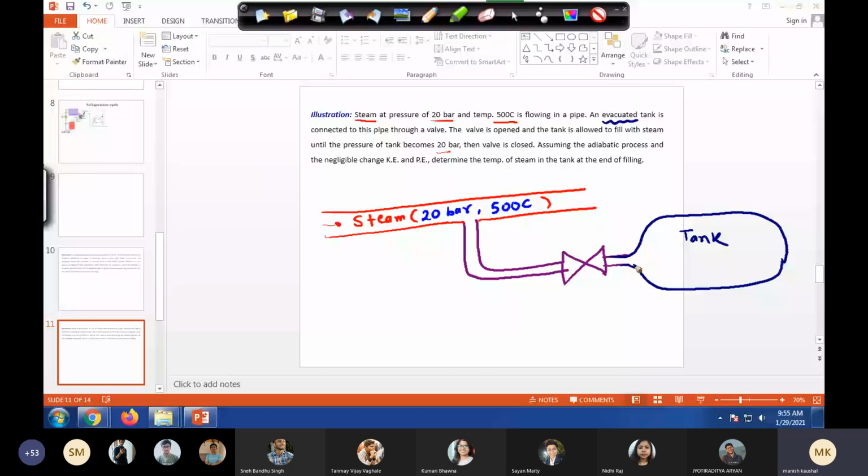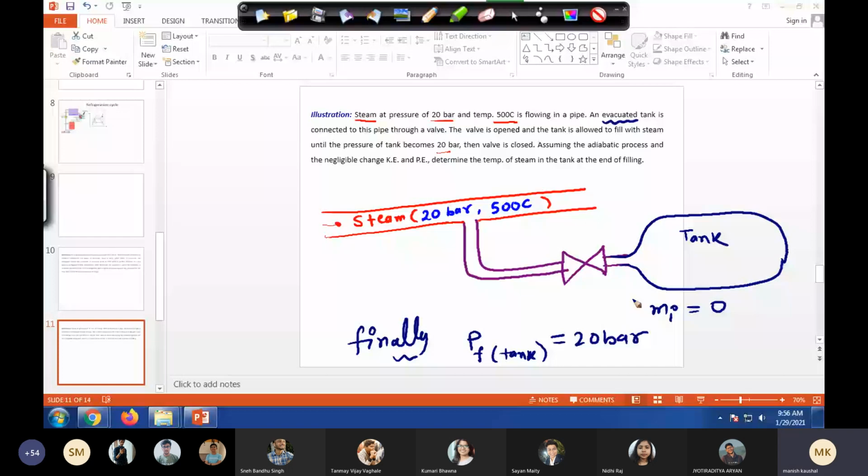So initially, mi is 0. There is nothing. Finally, the pressure of the tank, PF, also becomes equal to 20 bar. Up to that point, you have to fill it.